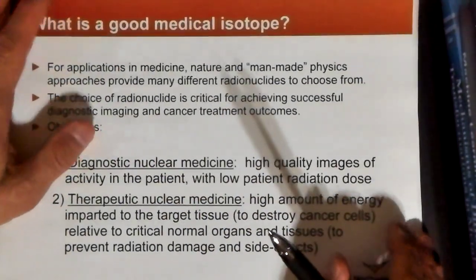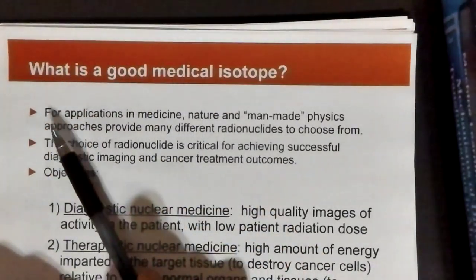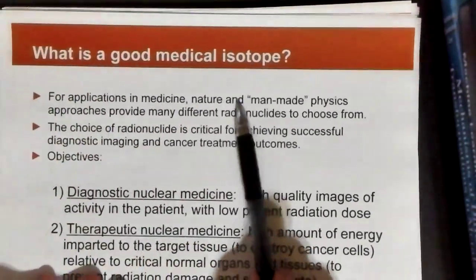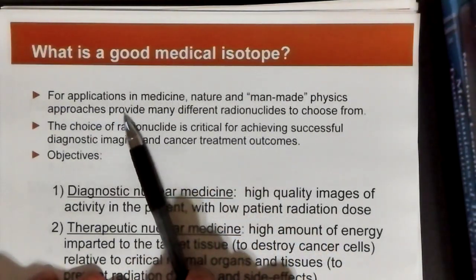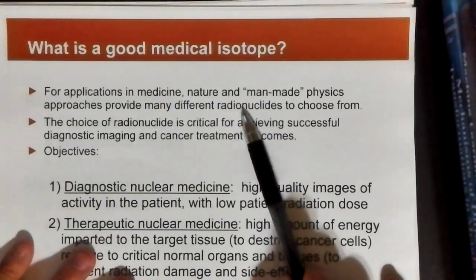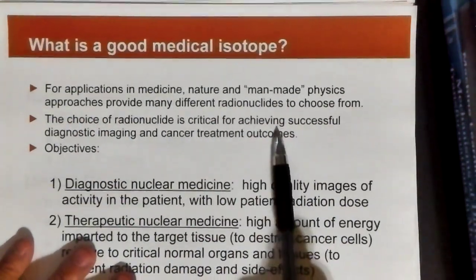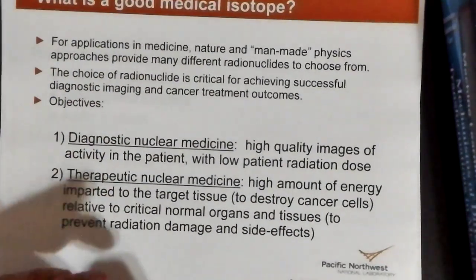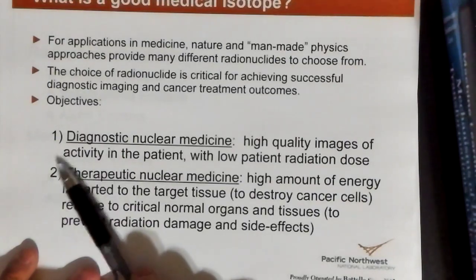So let's talk a little bit about what makes a good medical isotope. For applications in medicine, nature and man-made physics approaches provide different radionuclides to choose from. And so the choice is obviously going to be important for the success of what you're trying to do. So the objectives can be one of two possibilities.